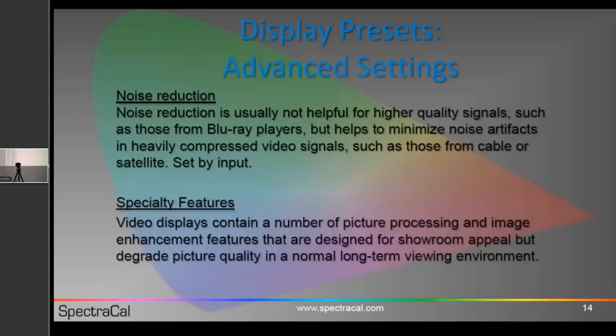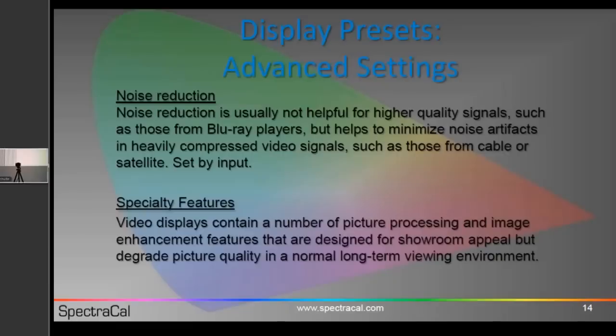When we have an SD signal coming in, so if we were calibrating an input that normally gets a signal from a set-top box, for instance, a satellite or cable set-top box, we would want to set the noise reduction to a little bit higher setting in order to minimize some of the noise artifacts from those compressed video signals.